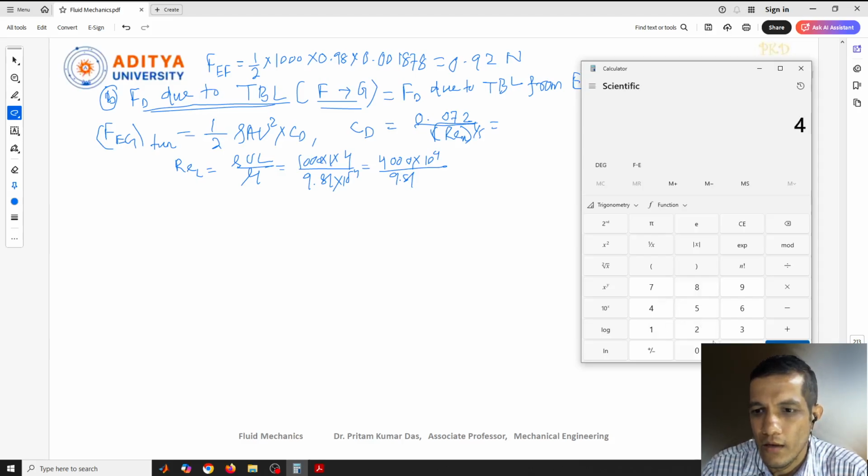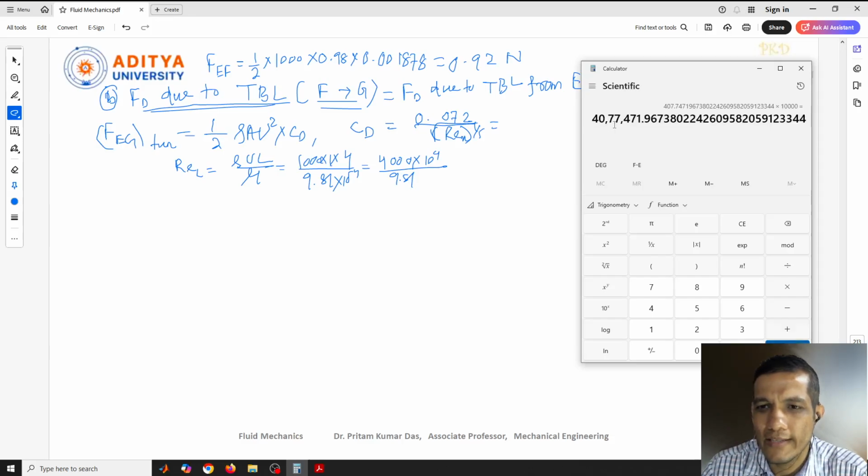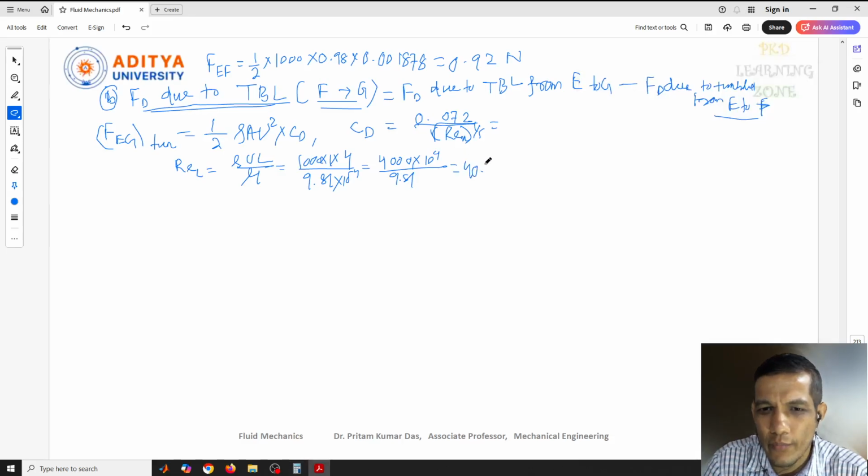So we can solve this, then we'll get the Reynolds number. 4000 divided by 9.81 into 10 to the power 4 gives 40 lakhs 77,000 471, so we can write this as 40.77 into 10 to the power 5. Now this Reynolds number will be used here.